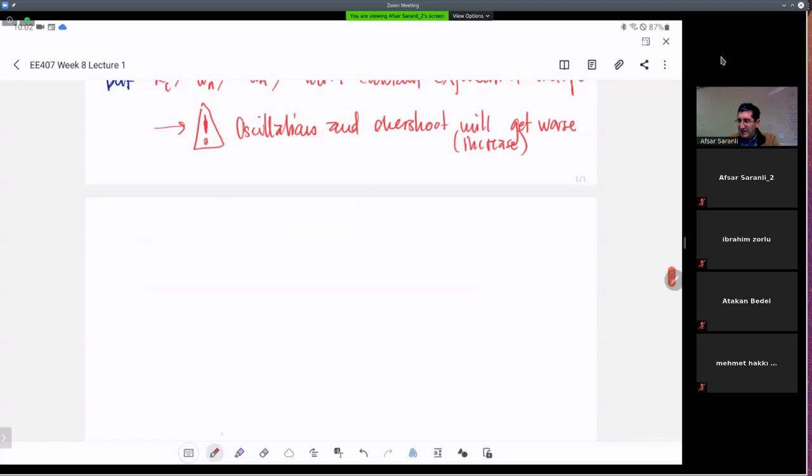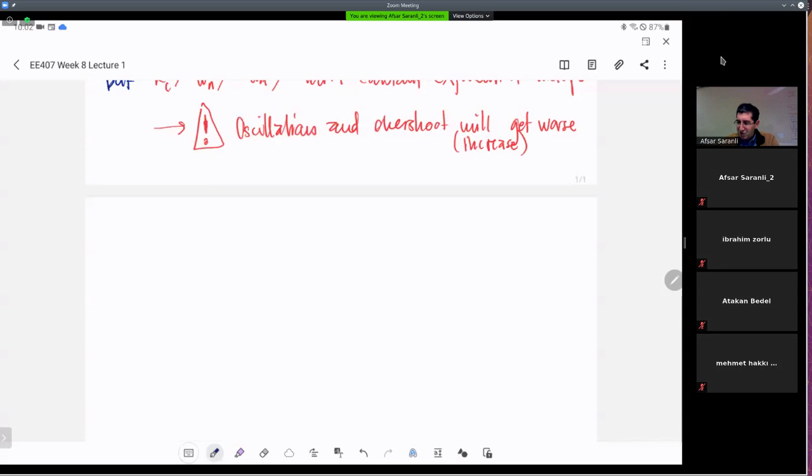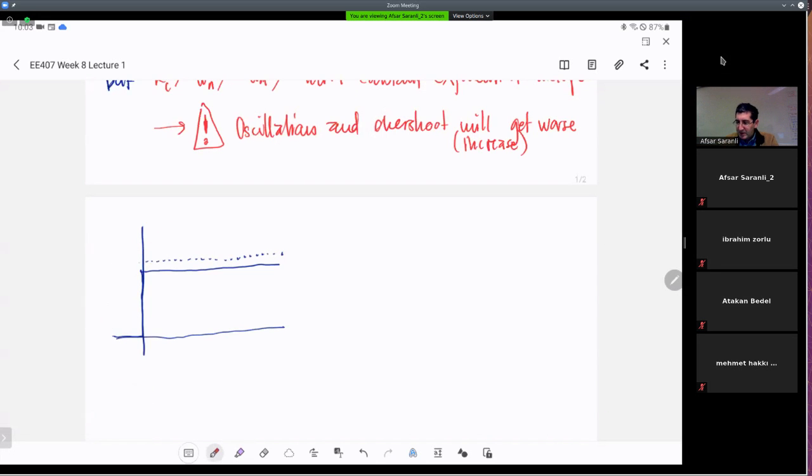Why is that the case? Well, because you have a constant exponential envelope. Remember, this is your reference signal, let's say. Okay? And obviously there will be a steady state error, so the system will not converge to the reference, but to a different value. But here's what's going to happen. There is an exponential envelope around this steady state value.